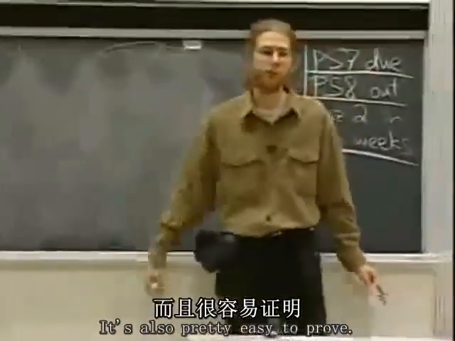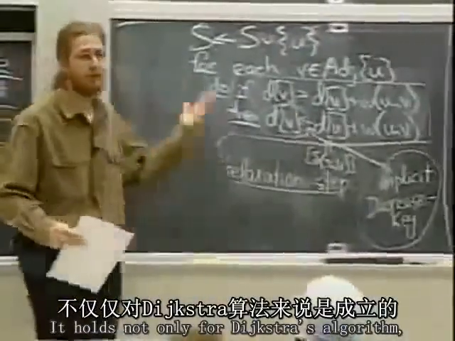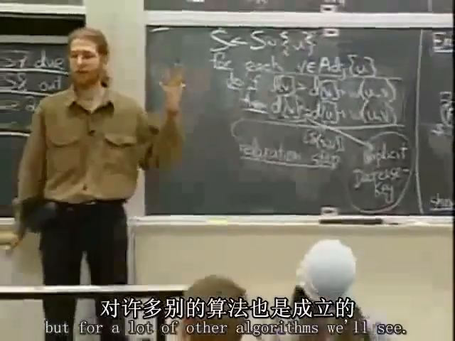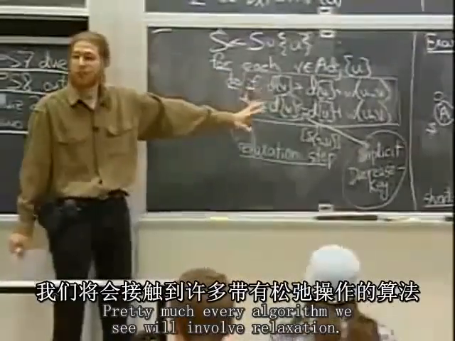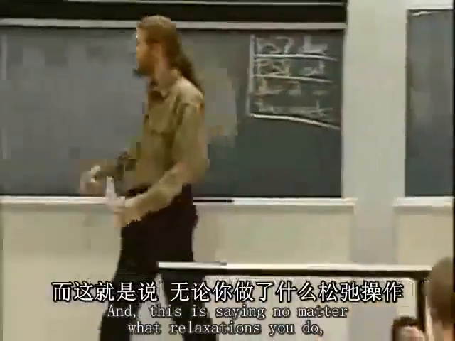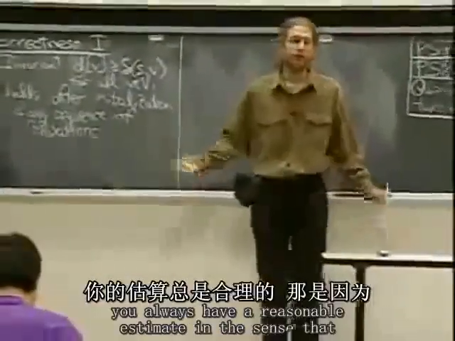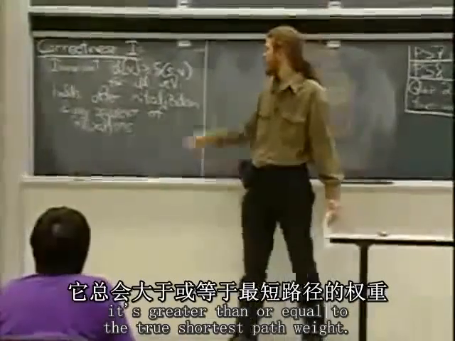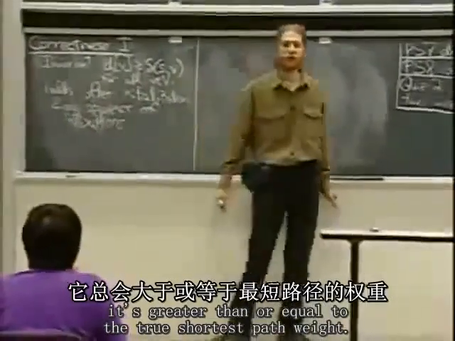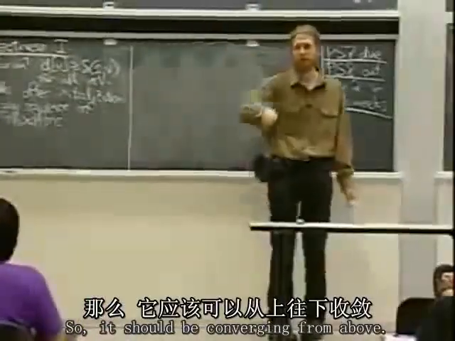It's also pretty easy to prove. It holds not only for Dijkstra's algorithm, but for a lot of other algorithms we'll see. Pretty much every algorithm we see will involve relaxation. And this is saying no matter what relaxations you do, you always have a reasonable estimate in the sense it's greater than or equal to the true shortest path weight. So it should be converging from above.